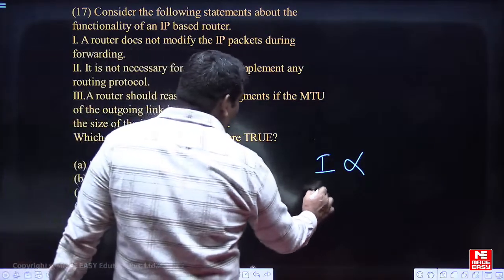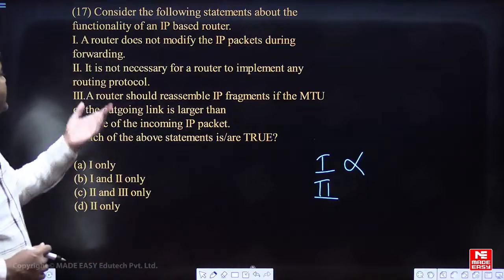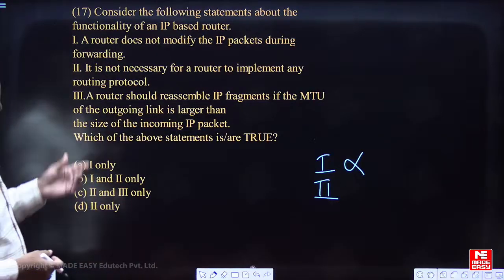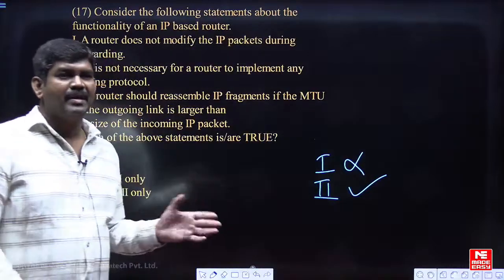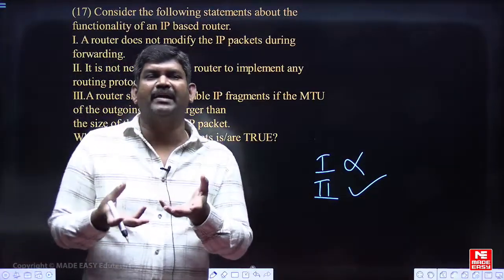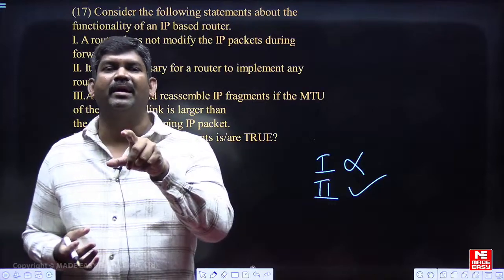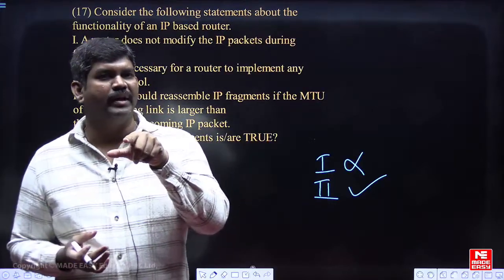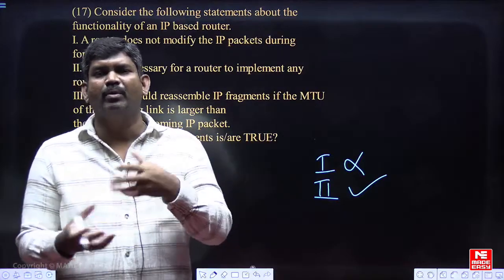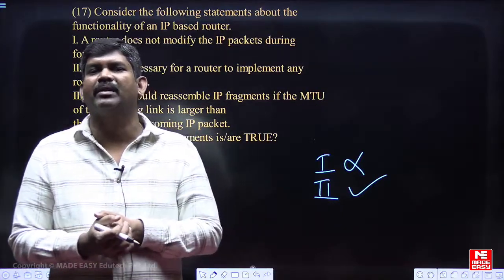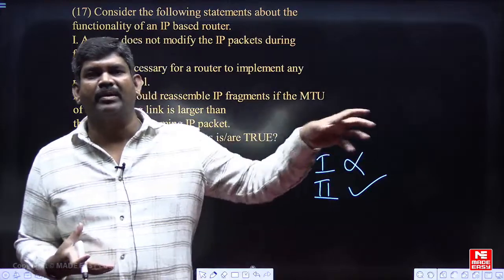Now if you go for the second option: it is not necessary for a router to implement any routing algorithm, so it is true. Why is it so? If you take a LAN where all the computers are connected to the immediate local router, then all these packets will go in a straight line to the immediate ISP router. So this local router need not apply any routing algorithm. The packets go directly to the ISP router, the default router you can say.